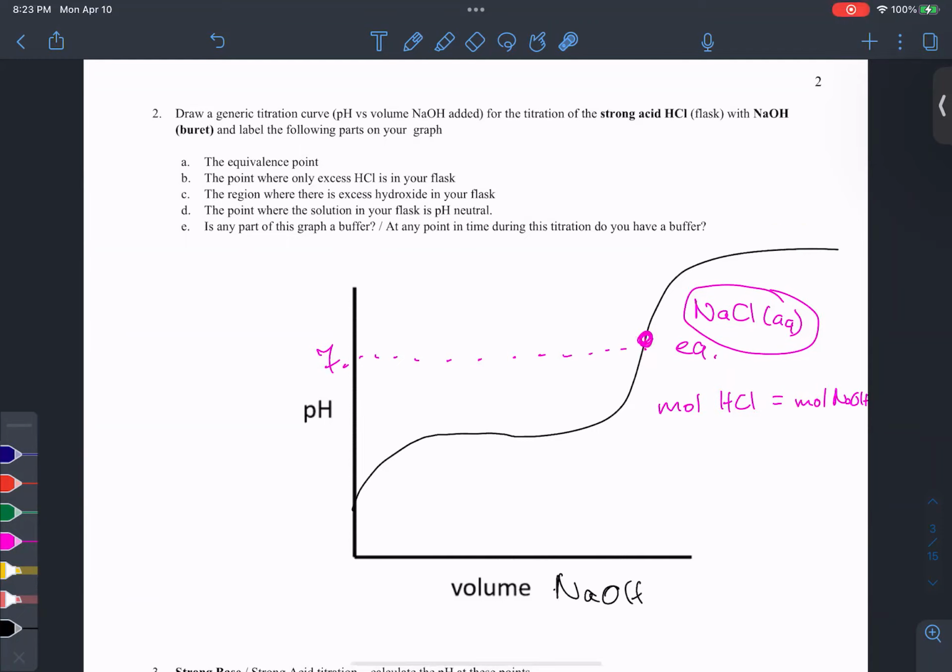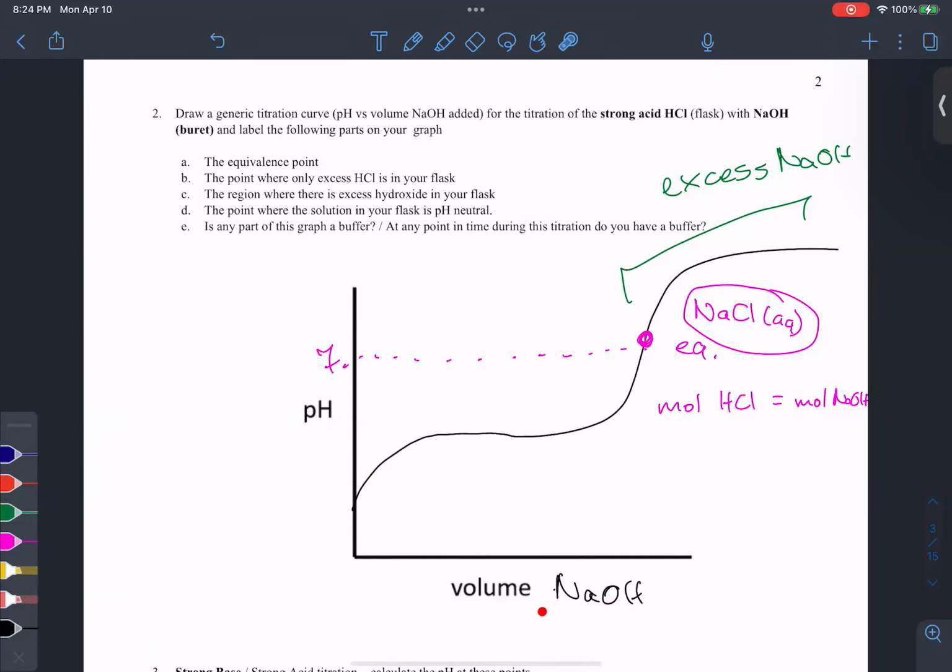If we add any additional sodium hydroxide after the equivalence point, you've added base. The pH is going to become basic, all right? So any excess sodium hydroxide is going to go into your pH calculation. So you have to figure out, okay, how much of your HCl did you start with?